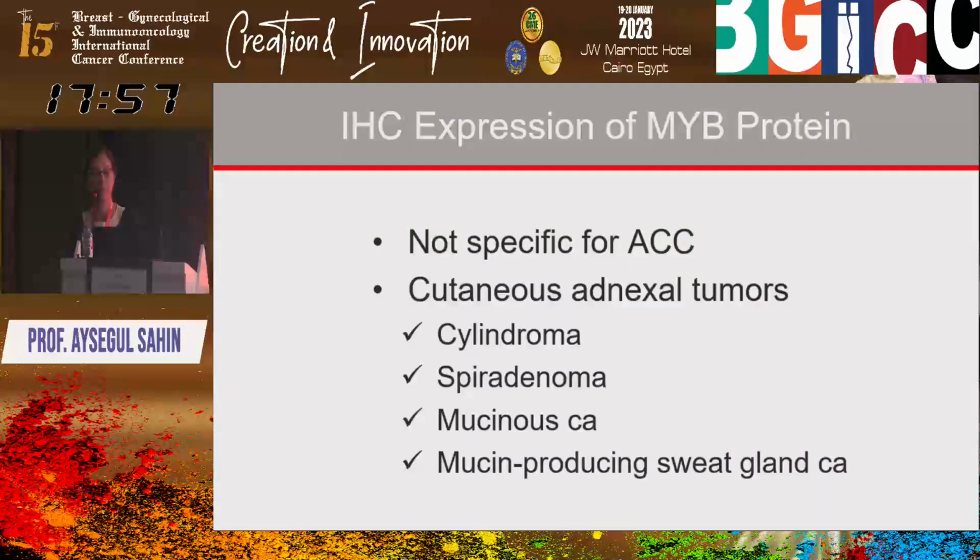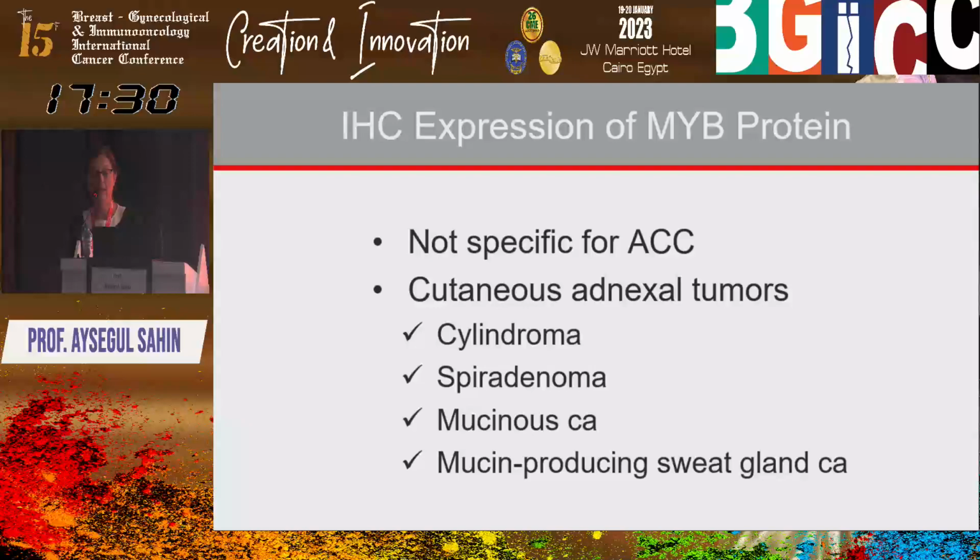It is really important to understand that MYB protein positivity by immunohistochemistry is not specific for adenoid cystic carcinoma. Cutaneous adnexal tumors should also be in the differential diagnosis, and they can be MYB protein positive.